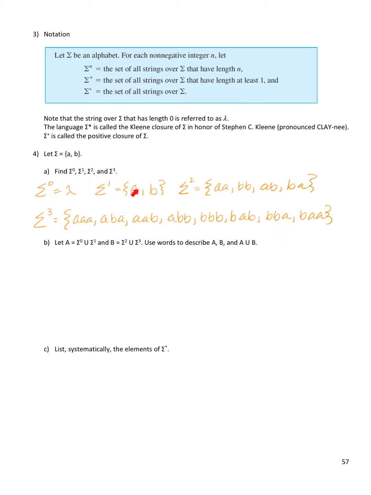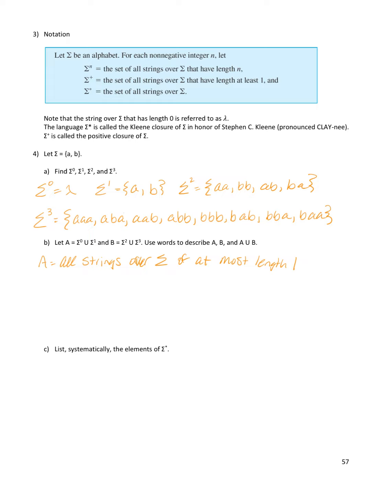If I take their union, I have the null string unioned with A and B. And if I want to describe that in words, I would call it all strings over sigma of at most length 1, because I'm including length 1 and length 0.